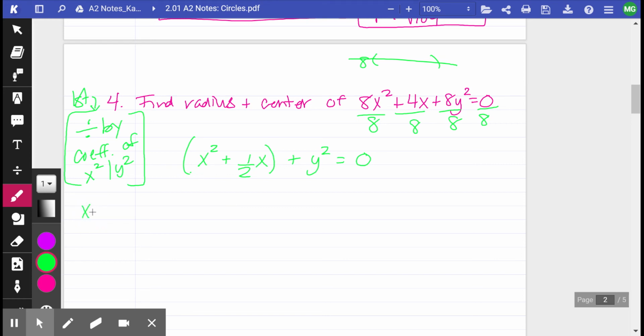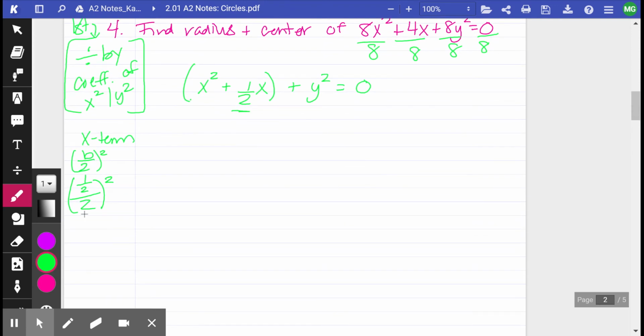So the x term, we're going to do our b box, so b over 2 quantity squared. Our b here is 1/2, so 1/2 divided by 2. If that's hard for you to do, type it into your calculator, or you can think of it as keep, change, flip. Keep the numerator, change to multiplication, flip the 2 over 1 to 1 over 2.